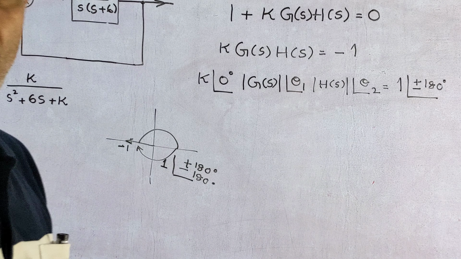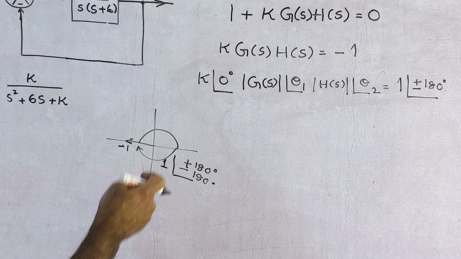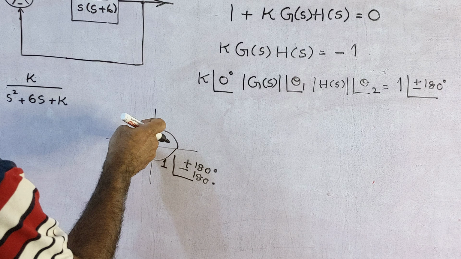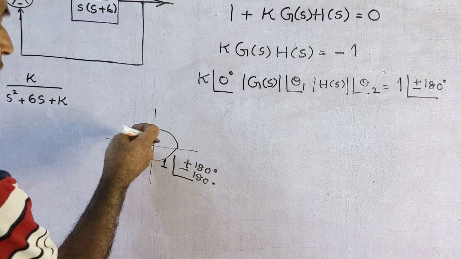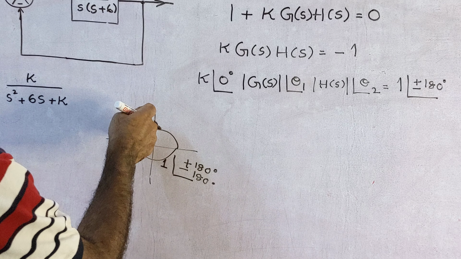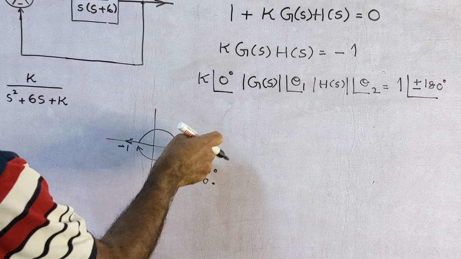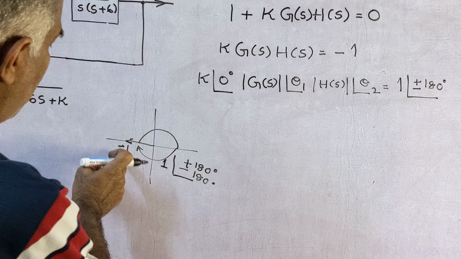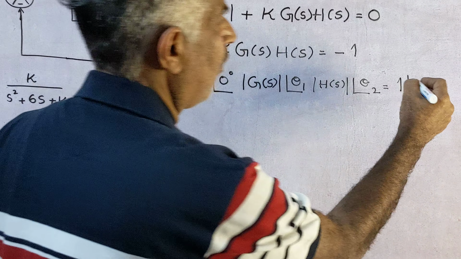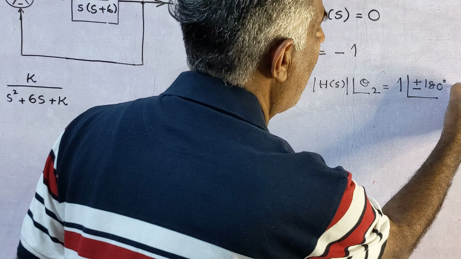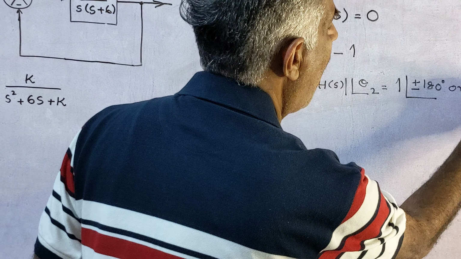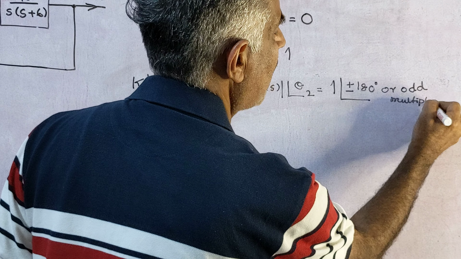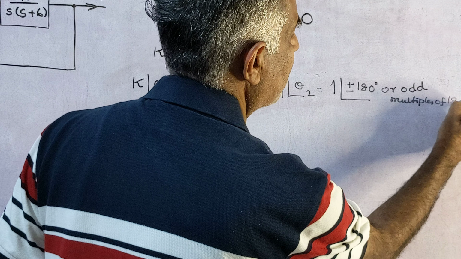Not only 180, you can also take multiples of 180. If you go by 540 degrees, that is 180, 360, further 180, that means 540 degrees, then also you reach this. Therefore, plus or minus 180 are odd multiples of 180 degrees.